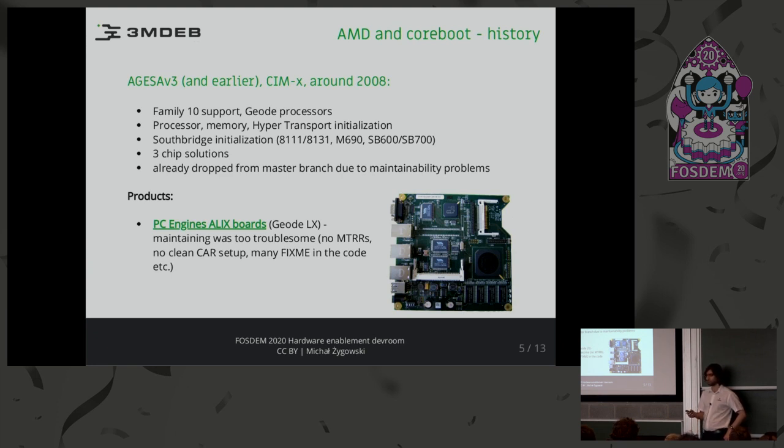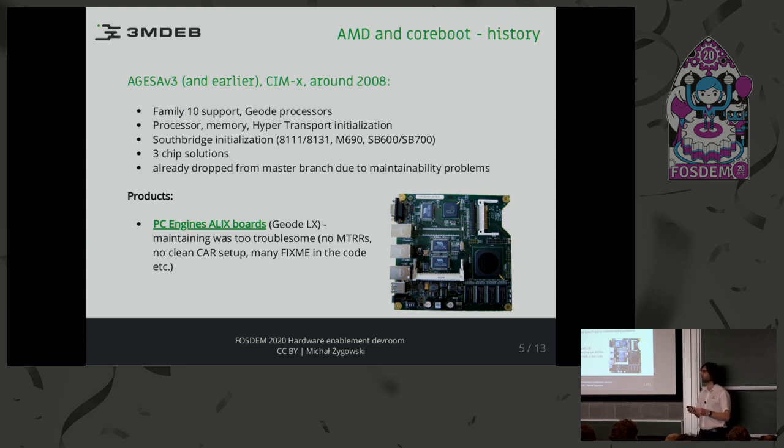HyperTransport is the interface that links, for example, multiple processor sockets on the mainboard. There was also the southbridge initialization, the CIMX, which supported a few of the chips I have listed here. There were mainly three-chip solutions: there was the CPU, some northbridge, and the southbridge.